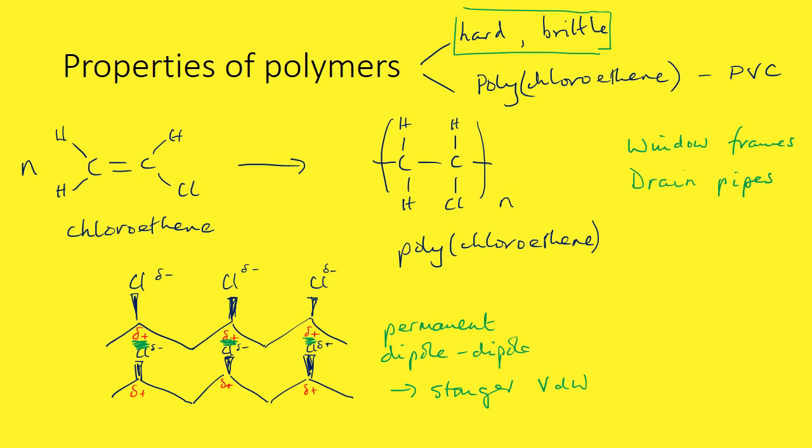Okay, so that's the third example. That's the third plastic we've looked at. Each of the 3 have different properties because of the way that the polymer chains interact together. Now we're going to have a look at a 4th way of changing the properties of plastics, and that is plasticizers.